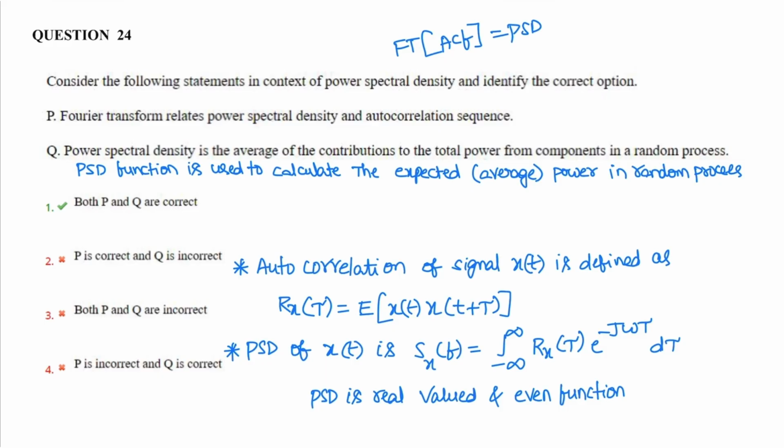From this, the power spectral density is Sx of omega equals integral from minus infinity to infinity of Rx of tau, the autocorrelation function, e power minus j omega tau d tau. This power spectral density is real valued and an even function, and it is used to calculate the average or expected power in the random process. Both statements P and Q are correct.